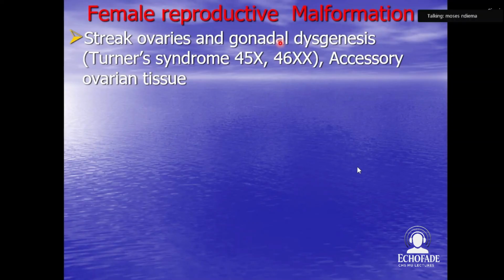And again, this is because of the genes, or because of lack of hormone direction. This can occur in Turner syndrome, where you have only 45 chromosomes with one X chromosome, one chromosome lacking, or 46 with some abnormal chromosomes. We can also have accessory ovarian tissue.